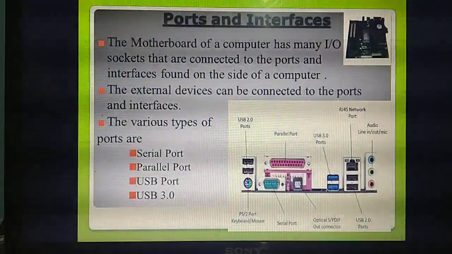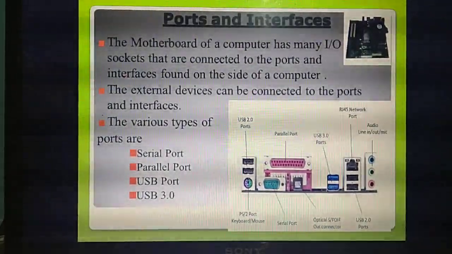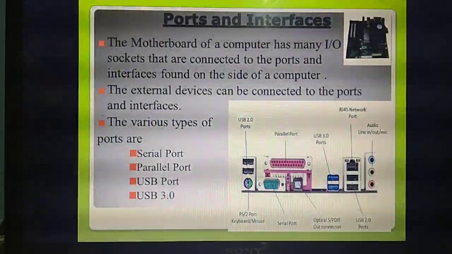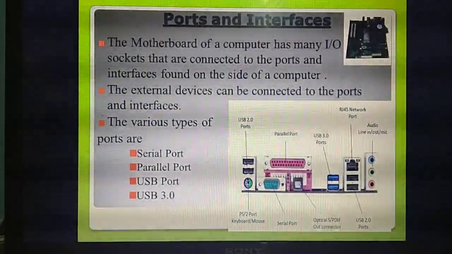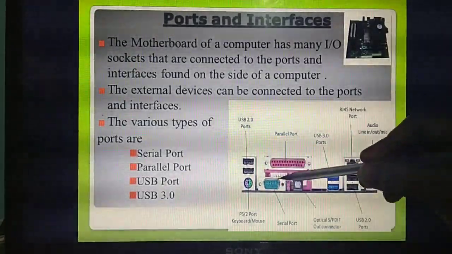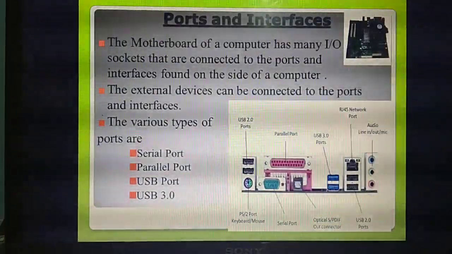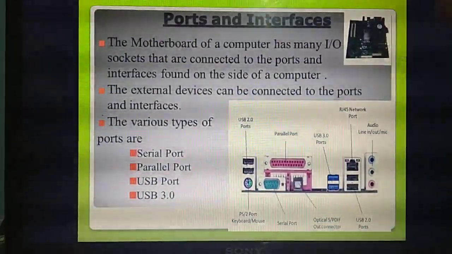Okay. So that means, for example, you can consider one computer is there. That computer you need to connect to the CPU. So from that computer also this kind of port is there. CPU also, that means the motherboard also has this kind of pin. So you need to connect the computer to that CPU.